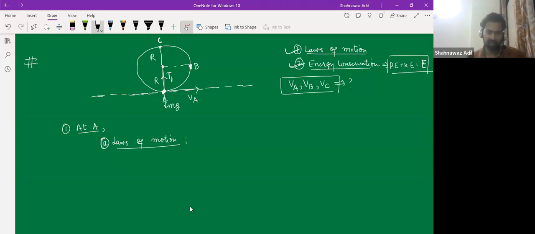Somebody has written in the chat box: centripetal force. Yes, Maria, absolutely correct. So we have the centripetal force, that is towards the center. So how much would be the centripetal force?